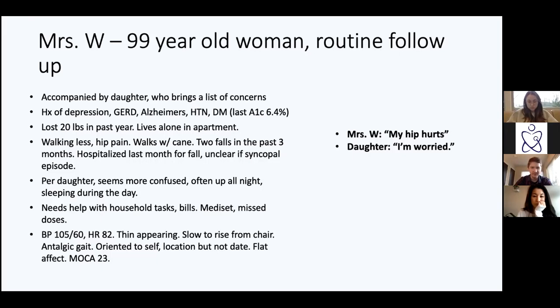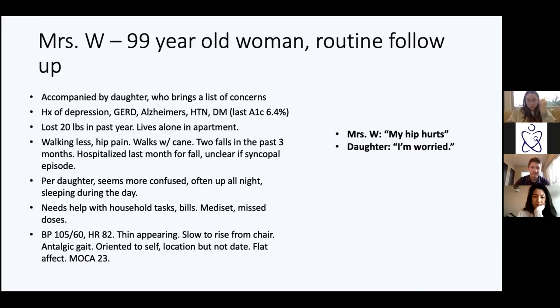She appears thin. She's slow to rise from a chair, and she has an antalgic gait. She is oriented to herself, location, but not the date. She has a flat affect. Her MoCA is 23.